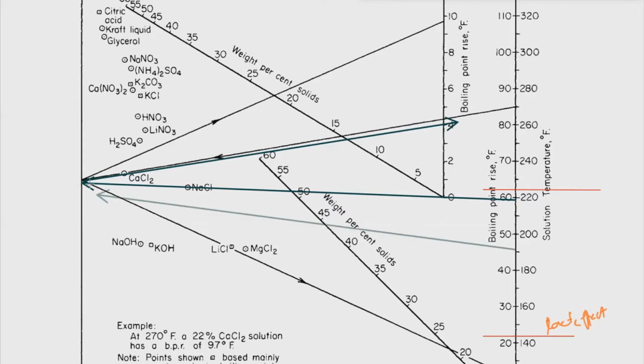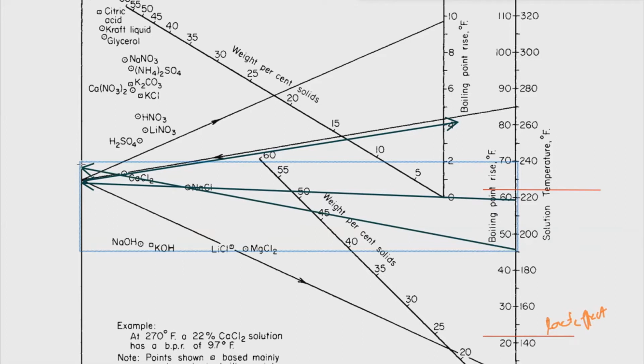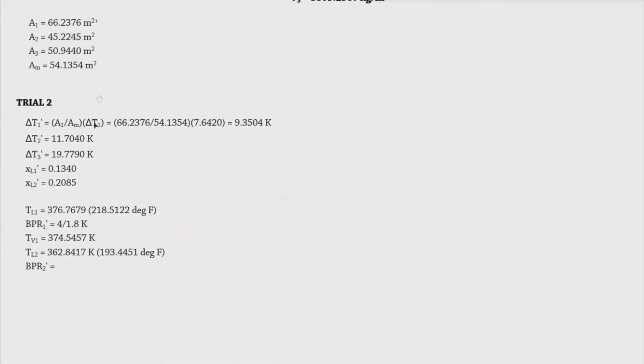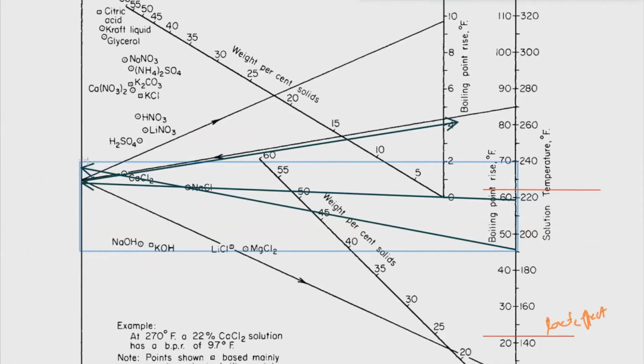So with this, with 193, so we have 190 around here. So that's 193, and then we intersect to sodium chloride, and then we have there around I think that's 0.20, 0.21. So we have 0.21 around here. Okay, so that's around that value.